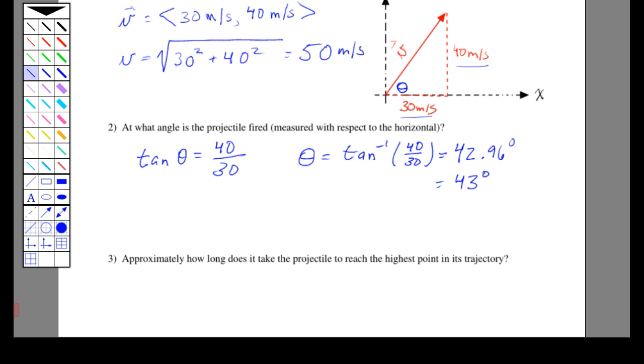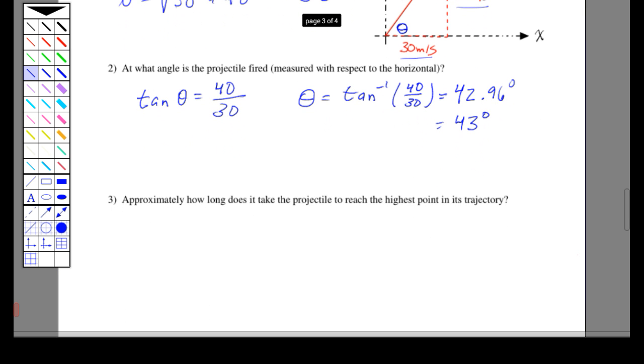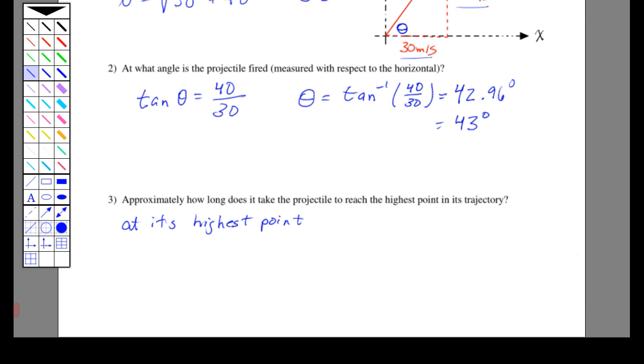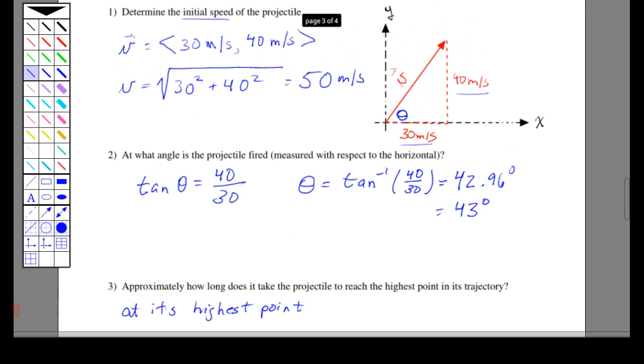Question number 3, approximately how long does it take the projectile to reach its highest point? At its highest point, what do we know? We can say what the motion of this projectile is in the x and y direction. In the x direction, we have motion with constant velocity.